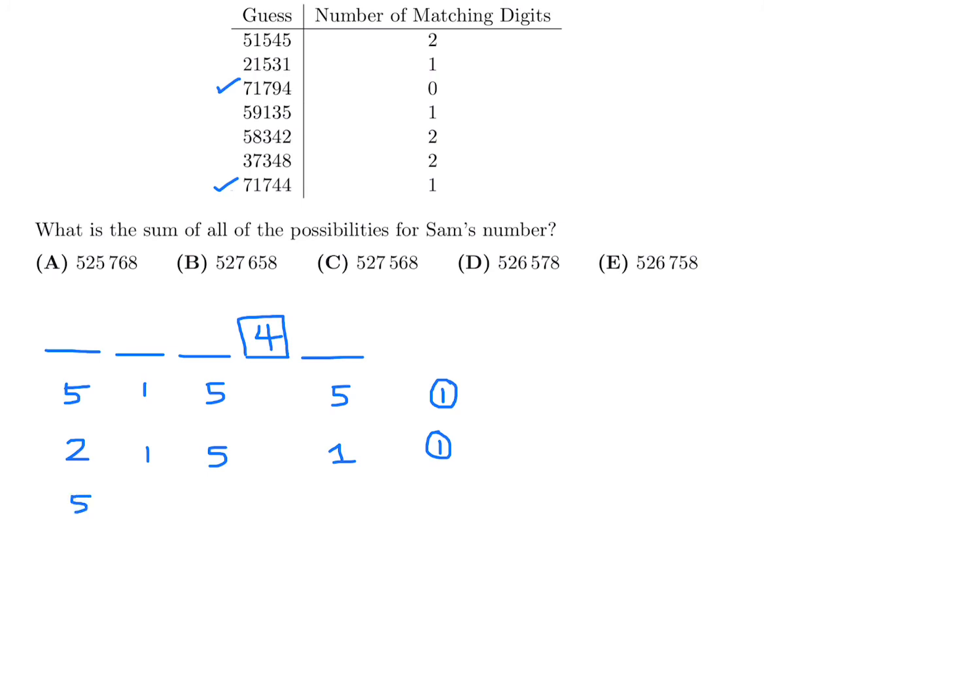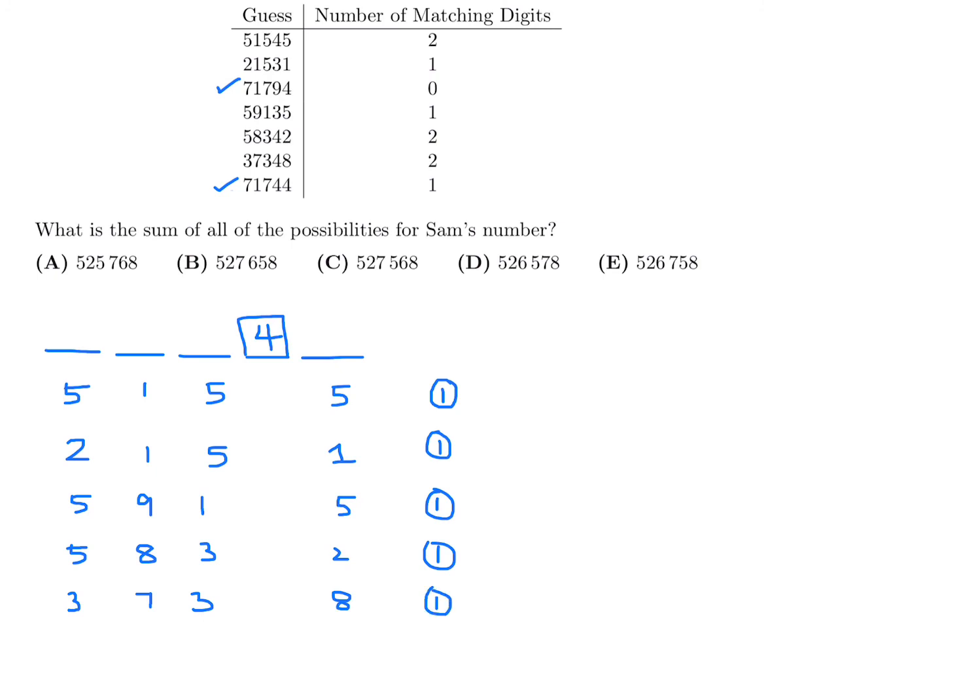Then we've got 5, 9, 1, skip the fourth, and 5: only one of those matches. Then 5, 8, 3, 4, 2: only one of those matches. And finally 3, 7, 3, skip the fourth, and 8. Only one of those matches.